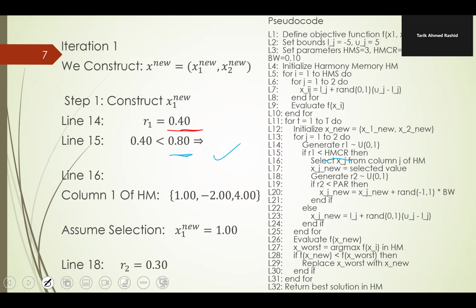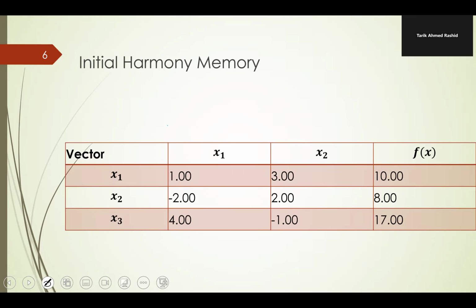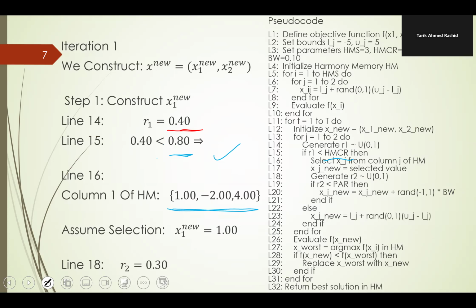Yes. Then we go to line 16, where we select a column j from harmony memory. The first column, 1, -2, 4, is selected according to the code. So x1 new is 1.